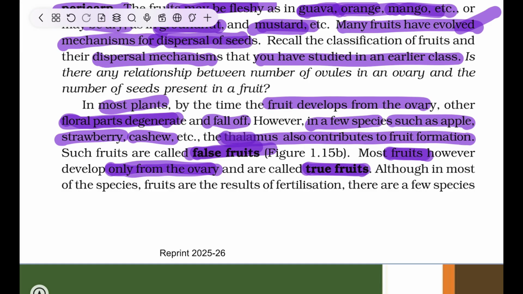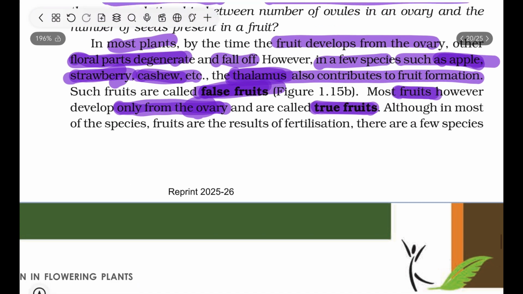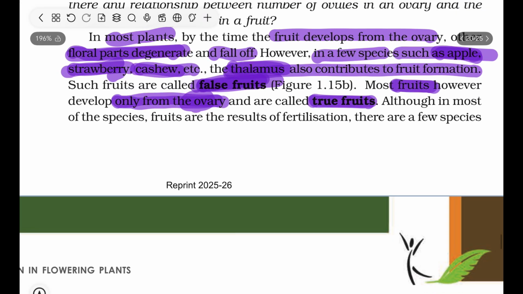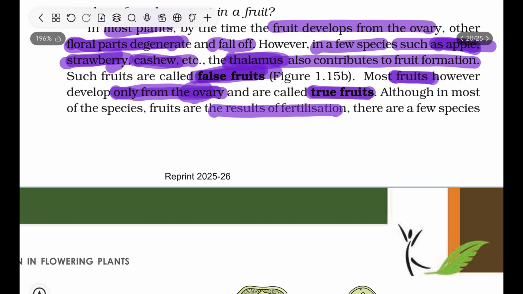For example, it can also form from the thalamus, such as in apple, strawberry, cashew. In these, the fruit forms from the thalamus, so that's why it is called a false fruit, because the fruit is not forming from the ovary in apple, strawberry, and cashew. Although in most species fruits are a result of fertilization, definitely fruits form as a result of fertilization.